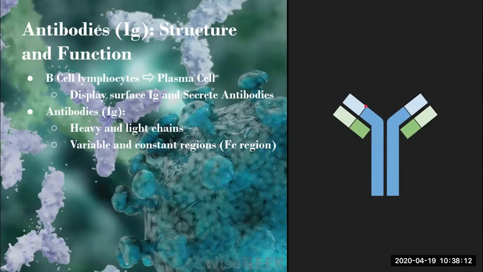We have variable regions on the outside and then these constant regions on the inside, and you can see the difference between the heavy and the light chains. When an antigen binds to this variable region, I've mentioned that these are identical. These variable regions on one antibody molecule produced by one plasma cell will be more or less identical. And so it's highly specific for some antigen.